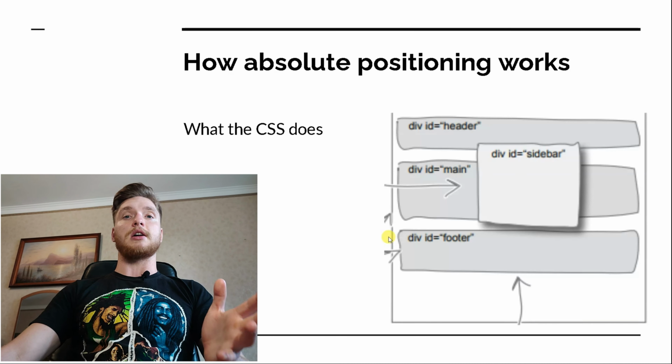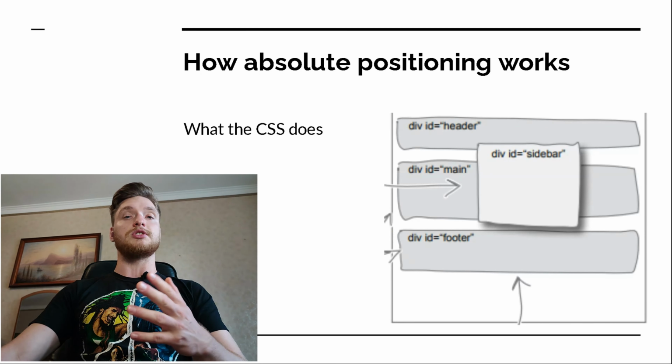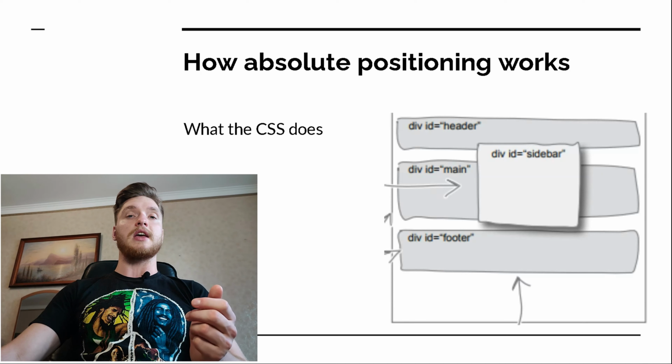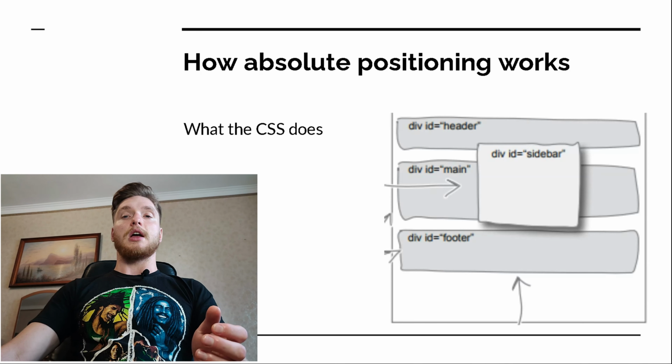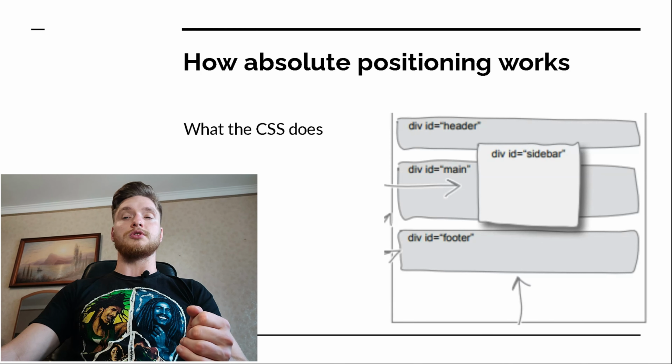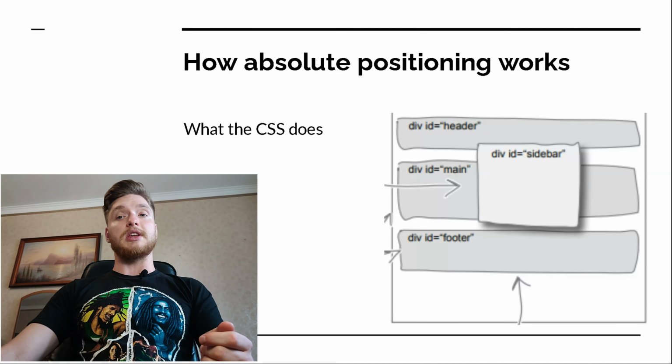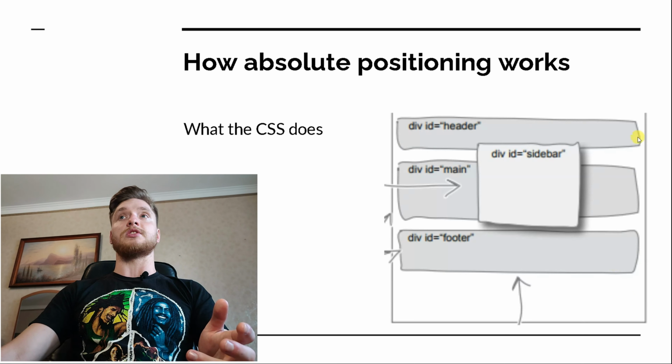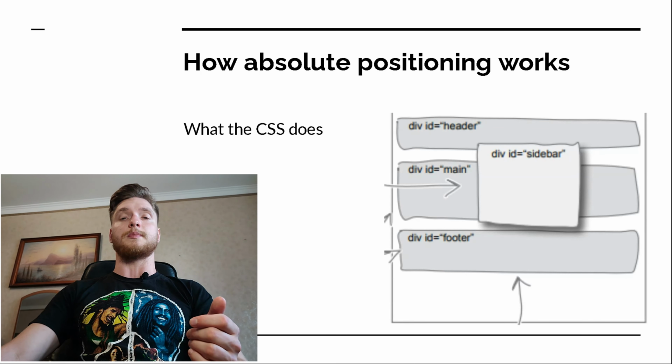Because the sidebar is out of the flow, the other elements don't even know it's there. They ignore it totally. Elements that are in the flow don't even wrap their inline content around an absolutely positioned element. They are totally oblivious to it being on the page.